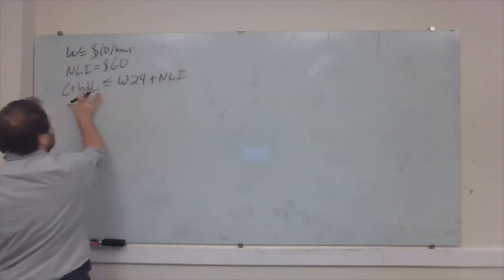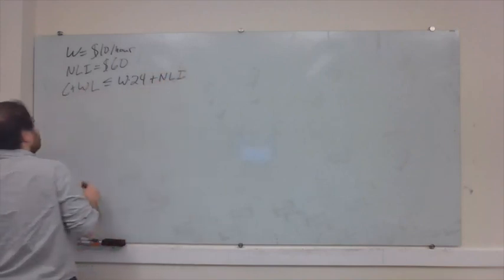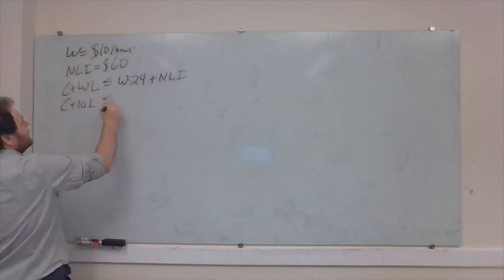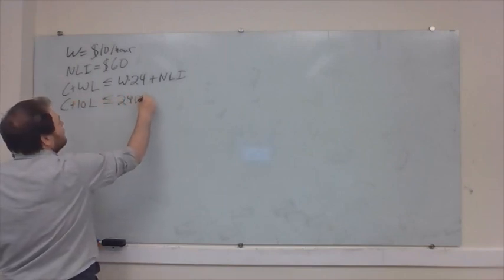Expenditures have to be less than or equal to your income, which in this case is going to be C plus 10L less than or equal to 240 plus 60.